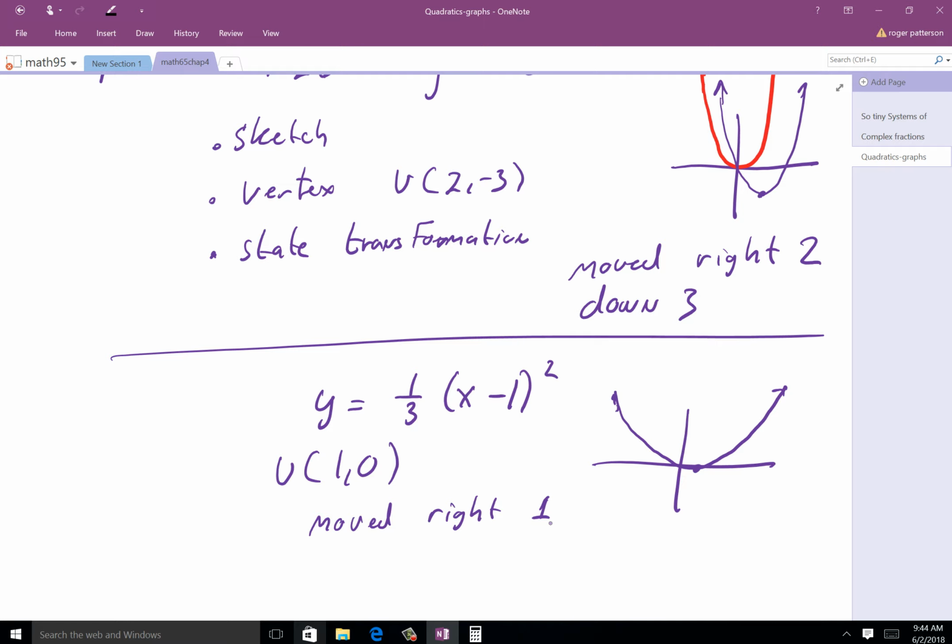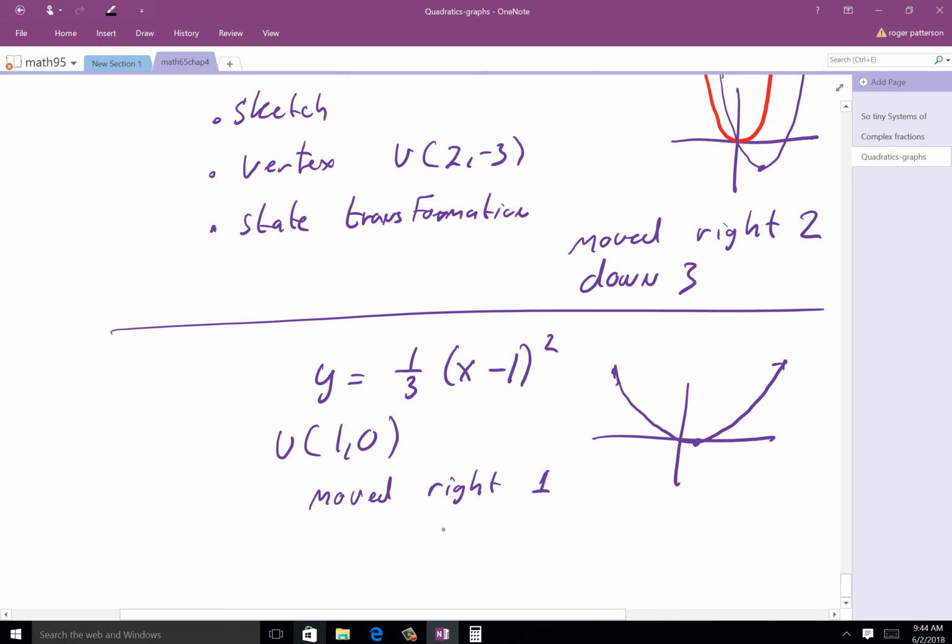Okay? So, you could just simply write vertical stretch of 1/3. Okay? That's what's happened to it, mathematically. But, I already said it gets wider.